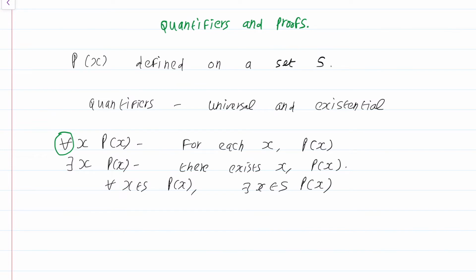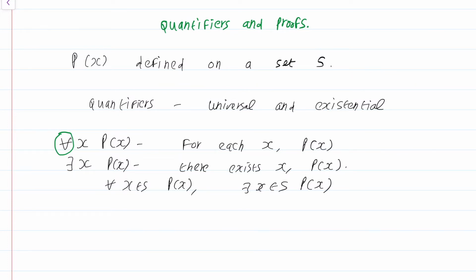So this reading of for all as for each is somewhat better in my opinion, but the for all usage is so common that it would be really difficult for me to avoid using it unconsciously, and you will definitely encounter it in the literature anyway. So I will use both interchangeably, but I will consciously try to use for each.